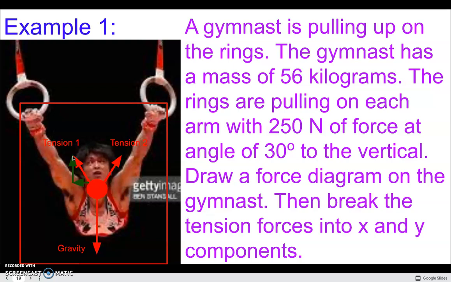Those arrows should be at a right angle to one another. And then we're going to do the same thing with tension number 2. One arrow is going to the right, one arrow is going up. And those are the x and y components. In our next lesson, we'll learn how to calculate the values of those x and y components using trigonometry.